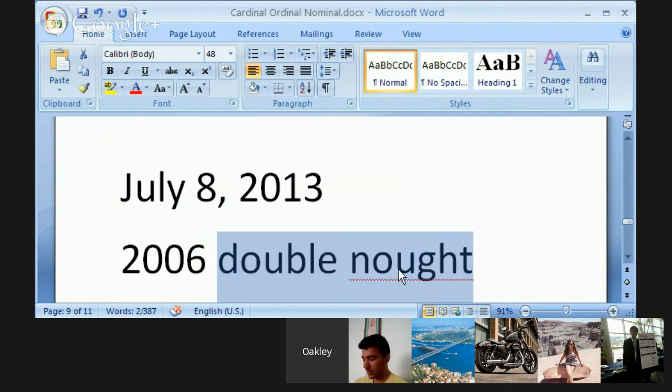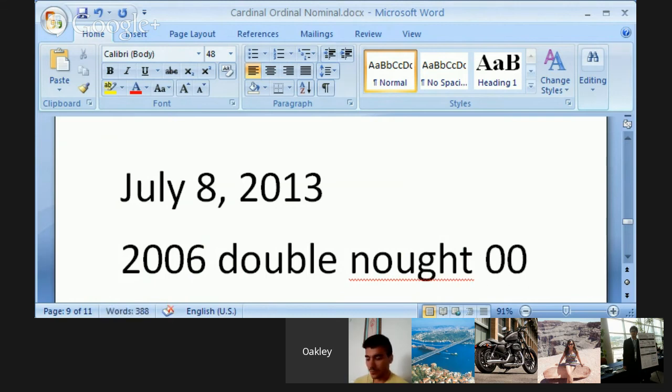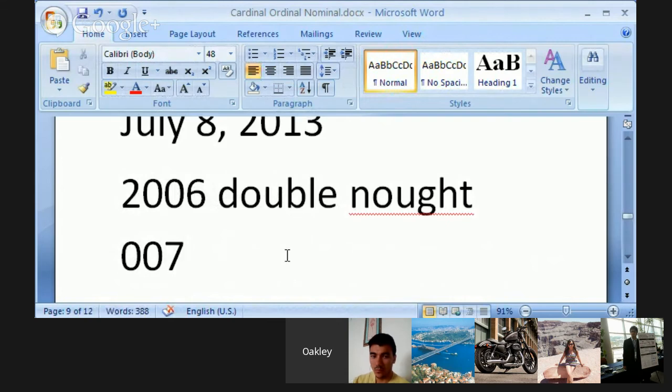Double not, you don't hear very often, but in this case you do, double not, which is 2 zeros. Which you could obviously hear as double not, or in the case of famous detective James Bond, of course.